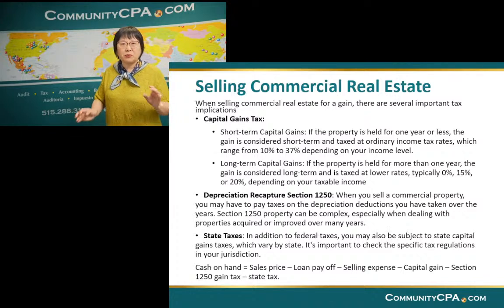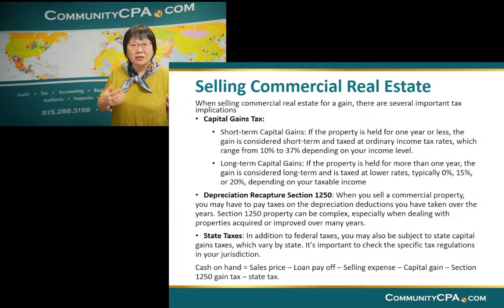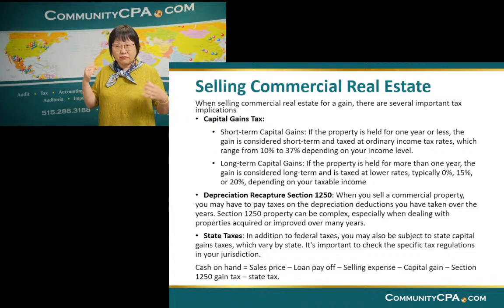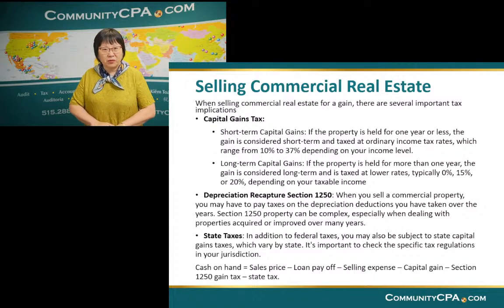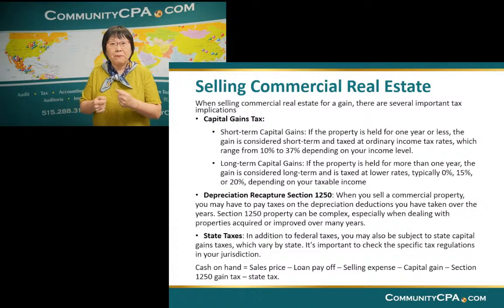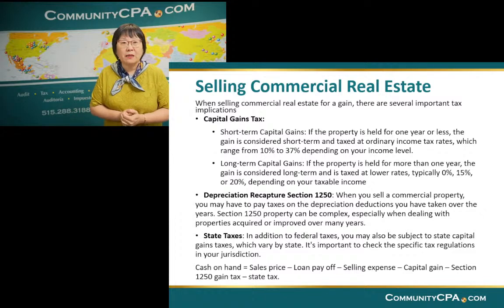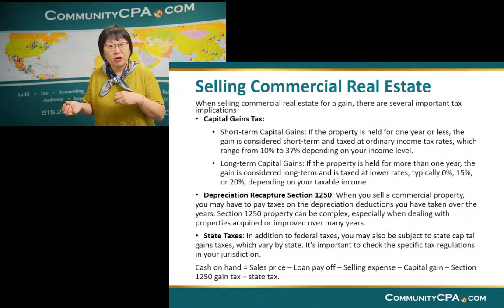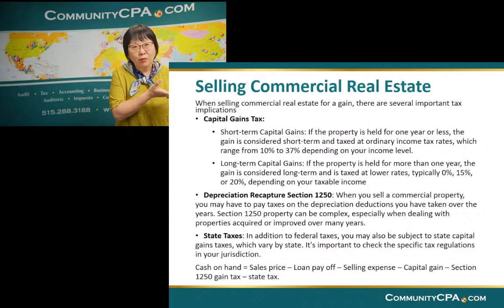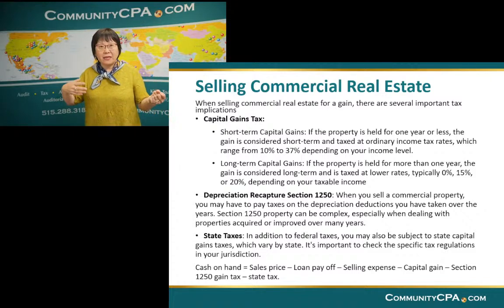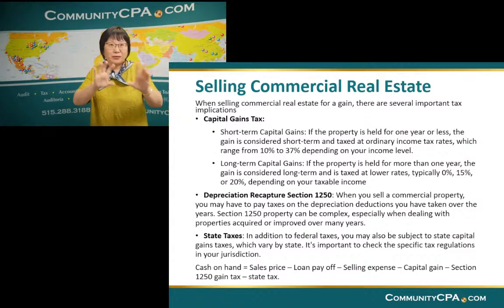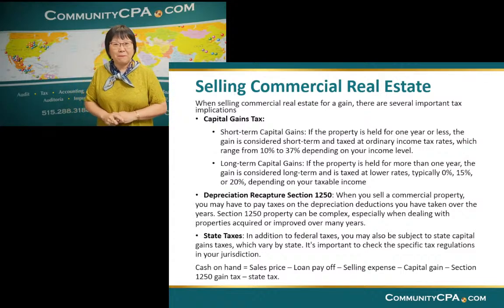So what about this depreciation recapture, Section 1250? Some of you folks will say, don't talk code, we don't like it, we just want simple things you can tell us. When you sell a commercial property, you may have to pay taxes on the depreciation deduction that you took over the time you owned that property. You remember, right, when you bought the property and your tax accountant was doing depreciation for your property.